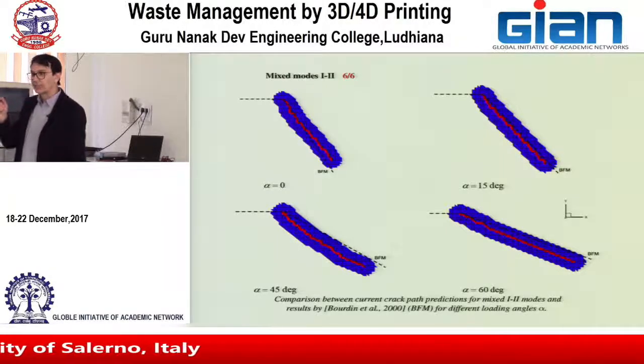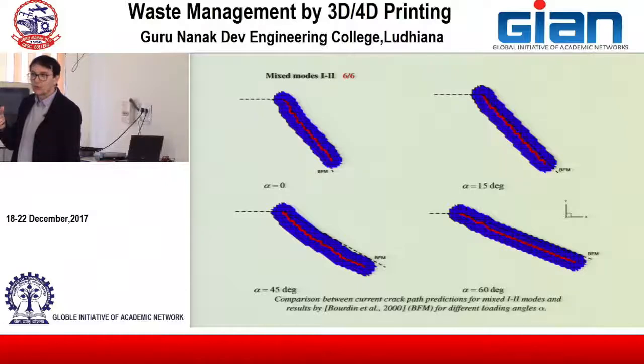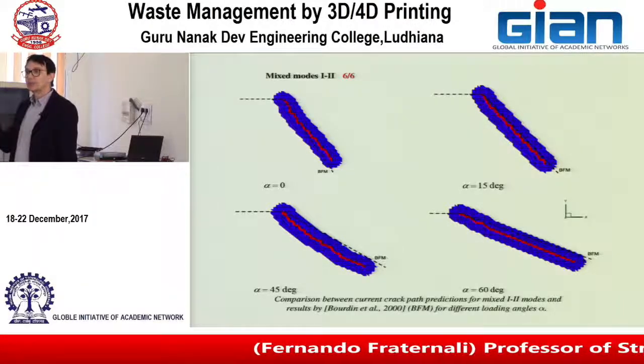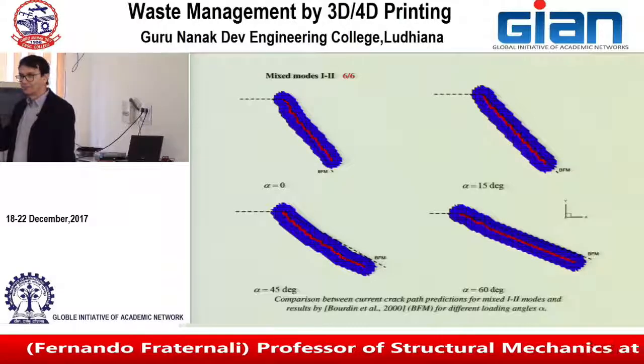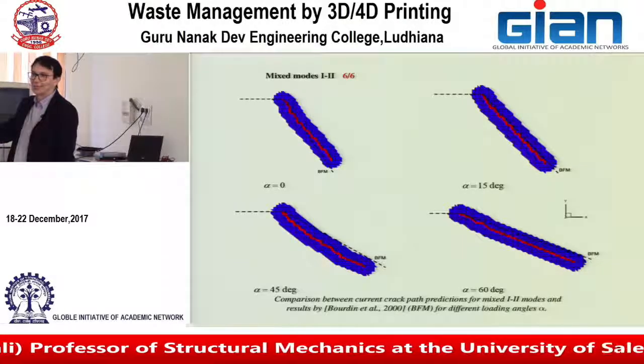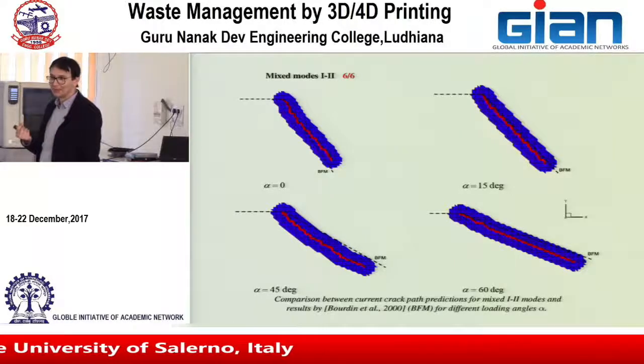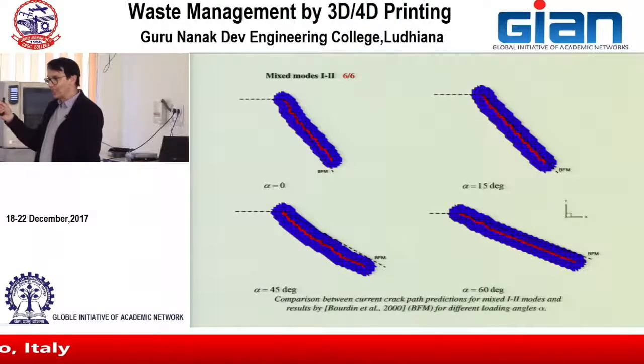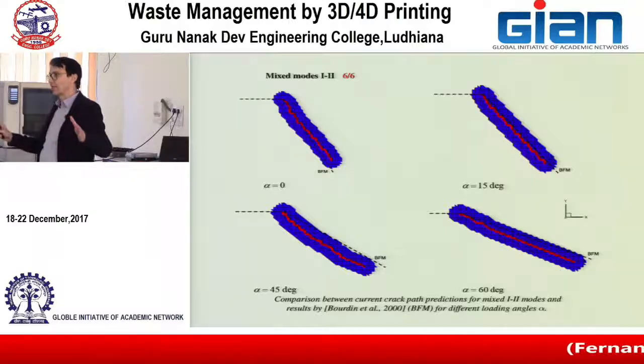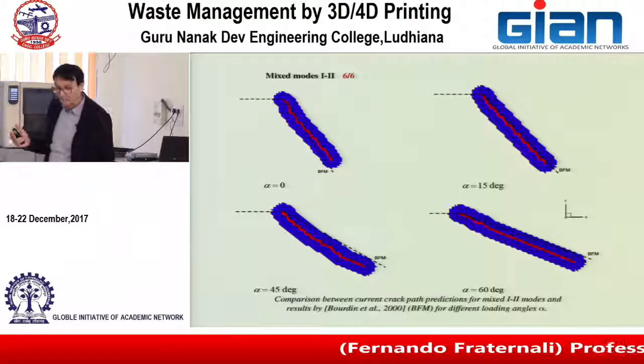What is epsilon? How do you choose epsilon? Epsilon has to be 3-4 times the mesh size, because you have to build the epsilon neighborhood. Epsilon cannot be smaller than h. H is your mesh size. The mesh size depends on the computer you have.